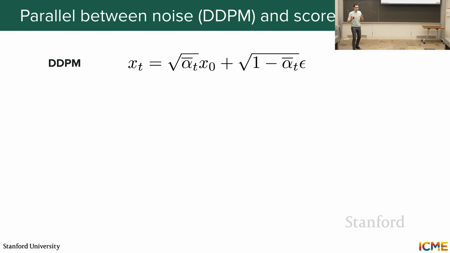Now what I want to tell you is how what I'm telling you here relates to what we saw last week. If you remember, DDPM was all about taking a clean image and then noising it.